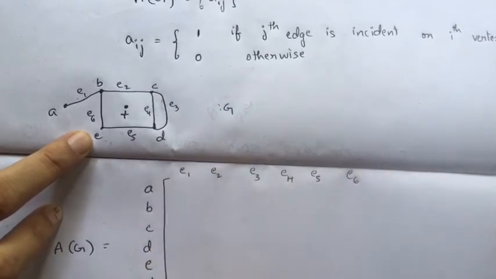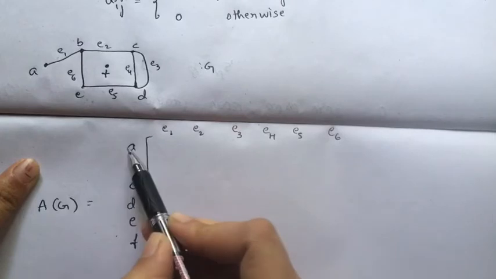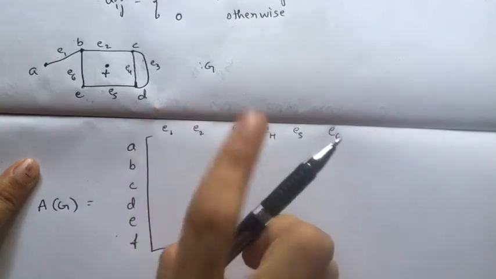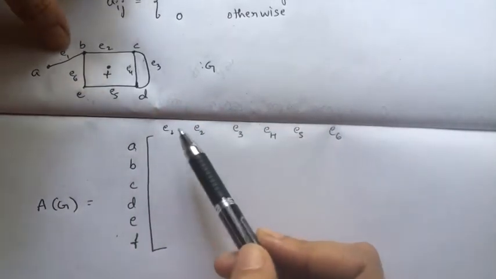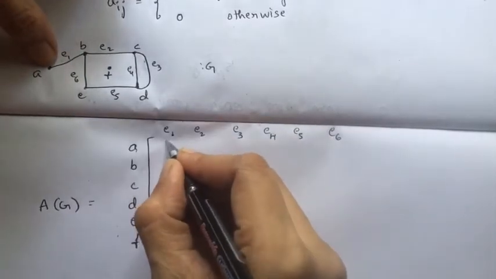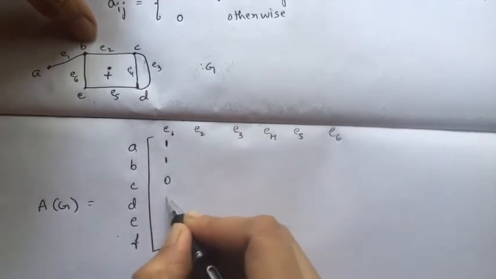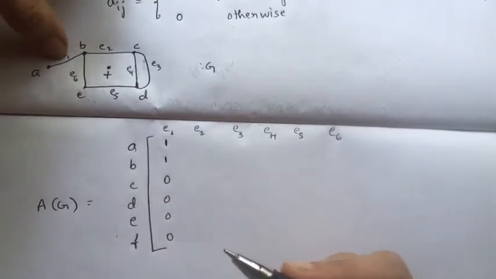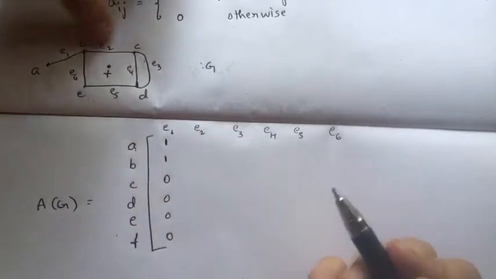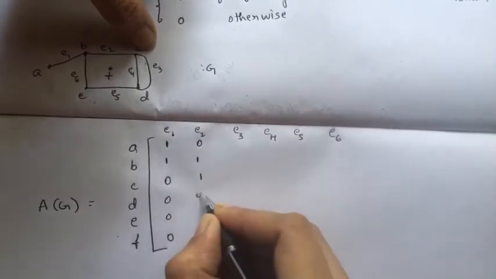So let us write the matrix. If the jth edge is incident on the ith vertex, then the entry is 1. Let me take the first edge, E1. It is incident on vertex A and vertex B, so the rest of the entries are 0 because it is not incident on any other vertices. Edge E2 is incident on B and C, so the rest are 0.